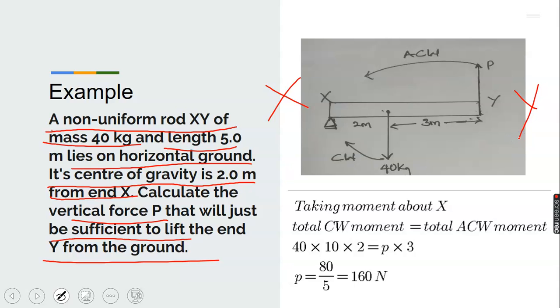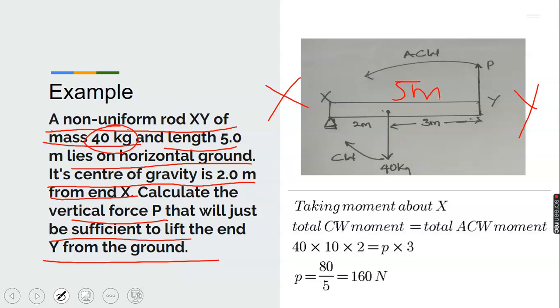Now, it's non-uniform. If it were a uniform rod, the mass of the rod would have been at the center. If the length is 5 meters, then the weight would have been at 2.5 meters, midway.